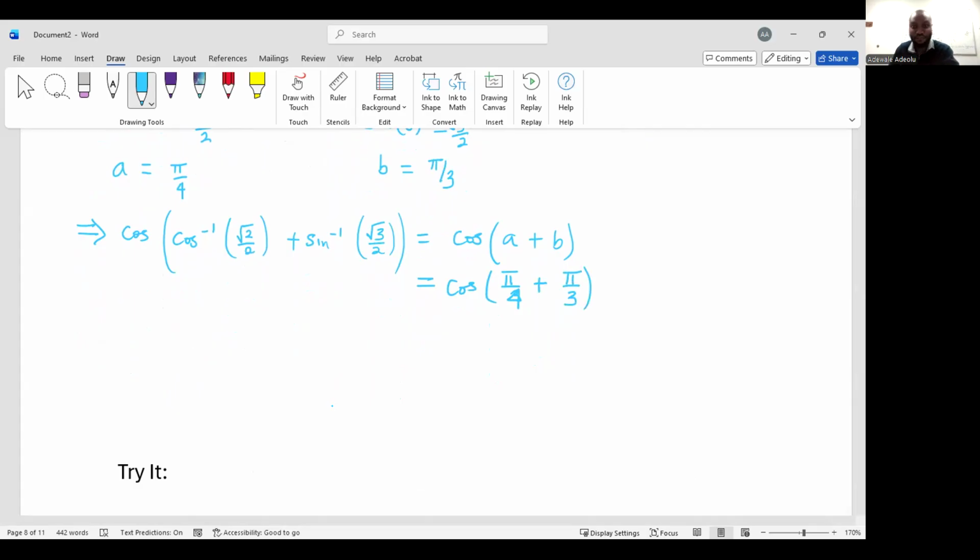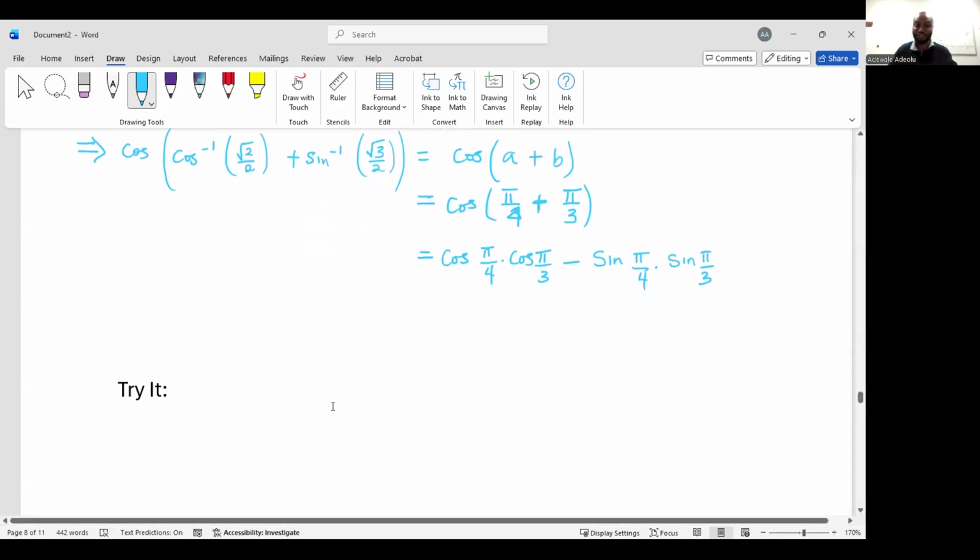So we can use our formula now. This is cosine, so that would be cosine of the first angle multiplied by cosine of the second angle. This is plus, but it becomes negative because we are dealing with cosine, then sine of the first angle multiplied by sine of the second angle. So we can return to the unit circle for help.